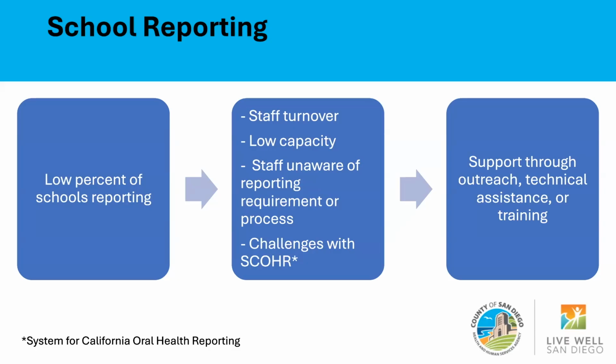So if you notice low school reporting, it can indicate a lack of resources and capacity needed, the school not being aware of the reporting requirement or process, or challenges using SCORE. Reaching out with information about the reporting requirement and offering technical assistance or training could help with some of these challenges. It could also be that the school may not be getting any assessments or forms back, so instead of reporting 0, they may not report at all. Next slide, please.